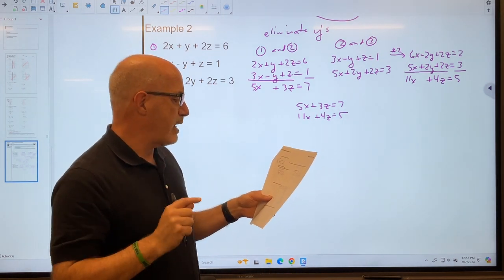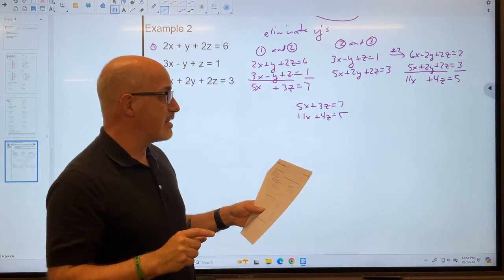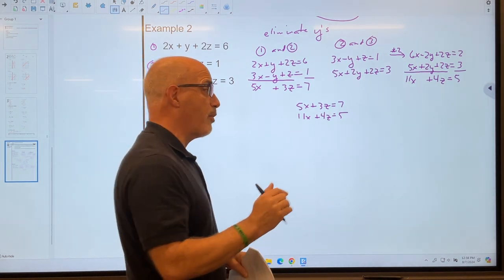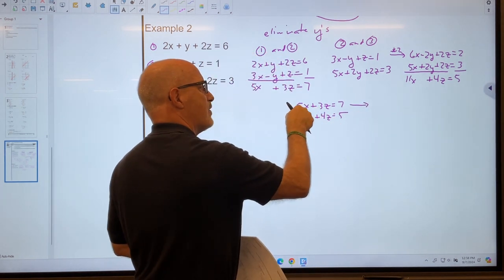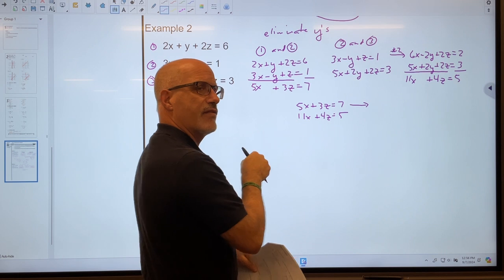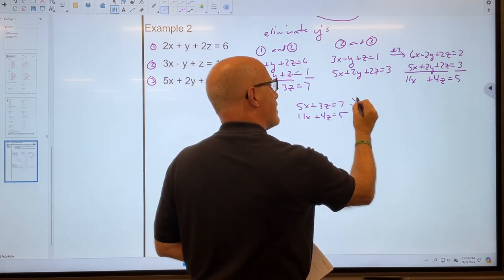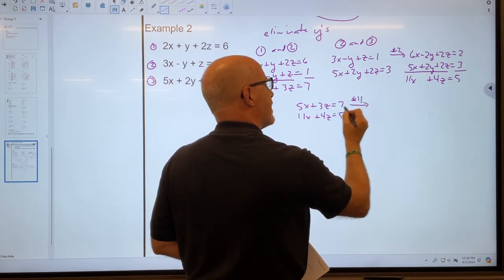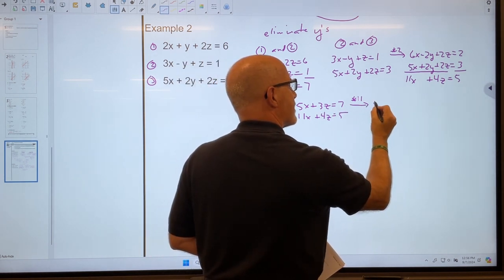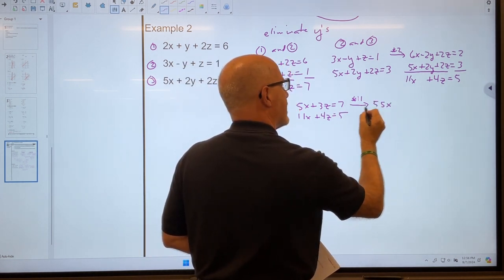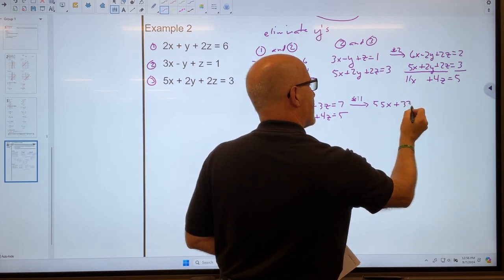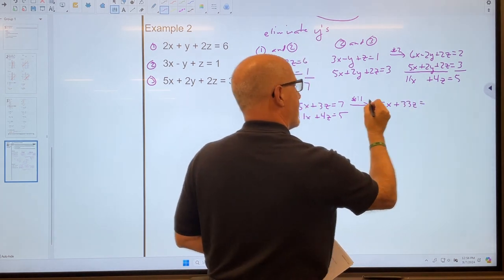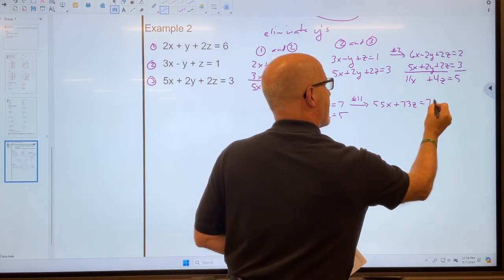I'm going to get rid of, in this case, the x's, and I'm going to have to multiply both equations. So if I want to get rid of the x's, I'm going to make this 55x and negative 55x. So I'm going to multiply this one by 11. So I get 55x, and then times 11 gives me 33z. 11 times 7 gives me 77.